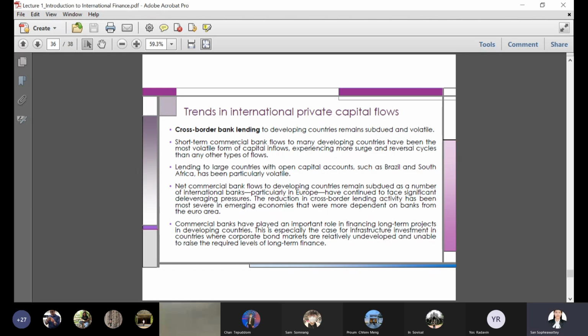And commercial banks play an important role in financing long-term projects in developing countries. This is especially the case for infrastructure investments in countries where the corporate bond markets are relatively underdeveloped and unable to raise the required levels of long-term financing, such as Cambodia.